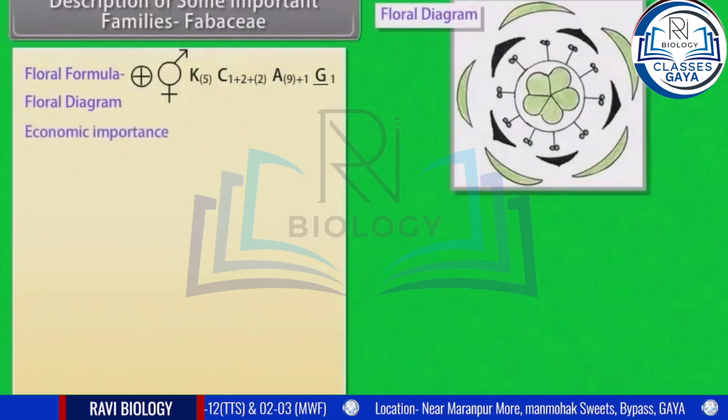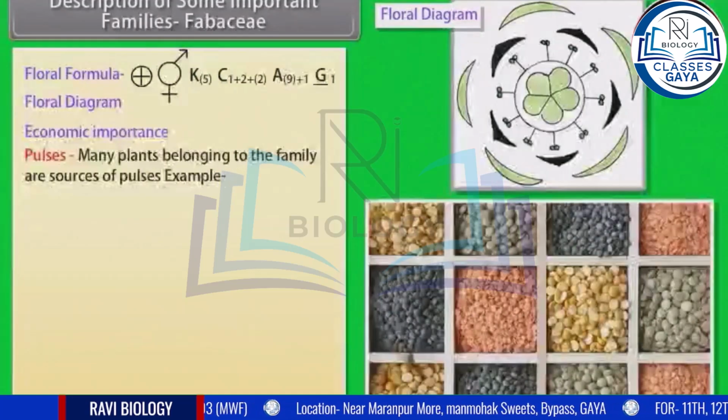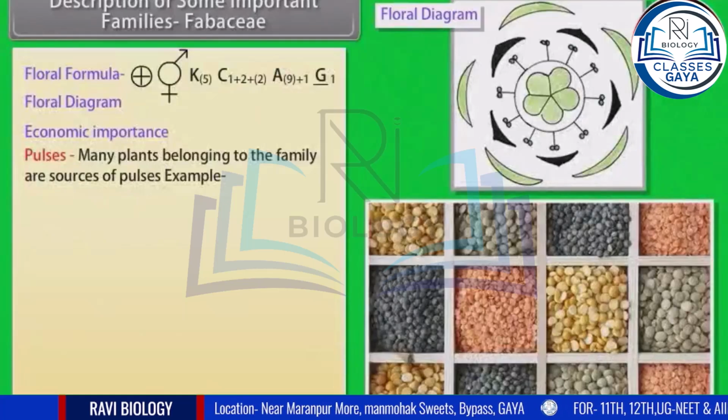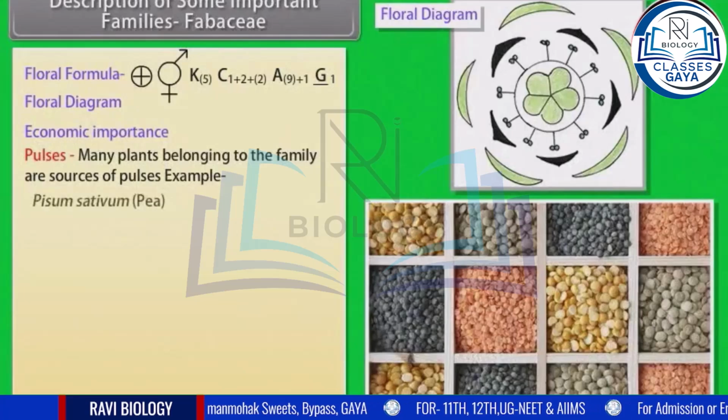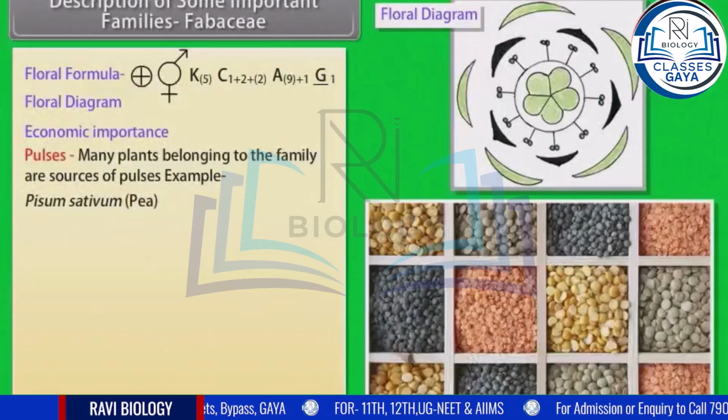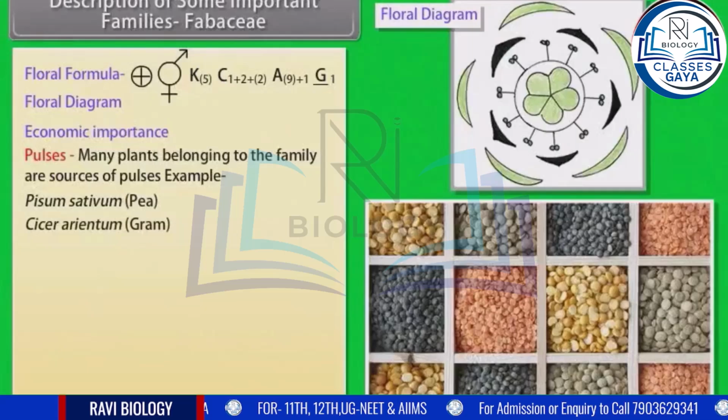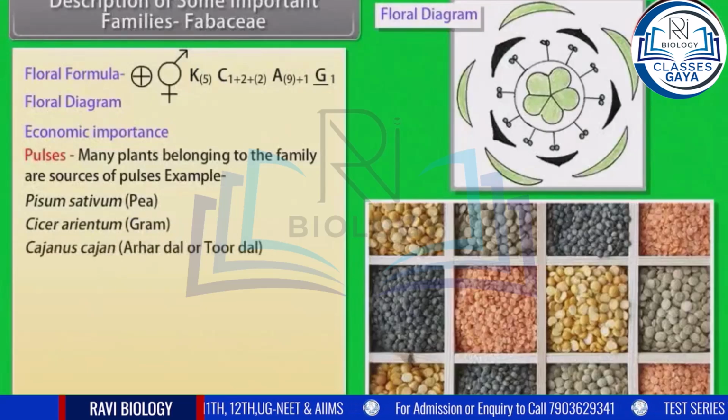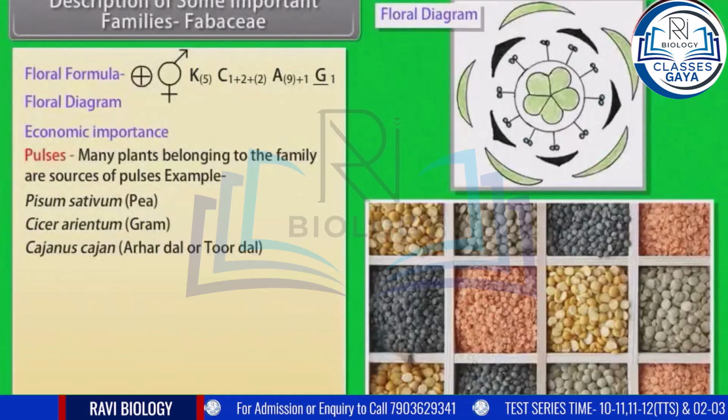Economic importance. Pulses. Many plants belonging to the family are sources of pulses. Example, Pisum sativum, garden pea. Cicer arietinum, gram. Cajanus cajan, arhar dal or tur dal.